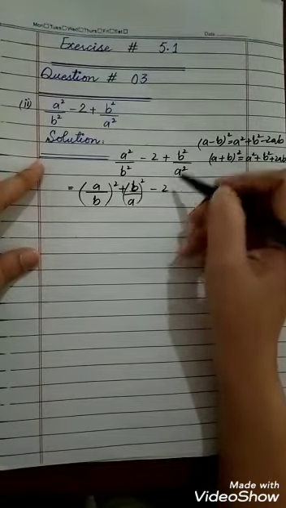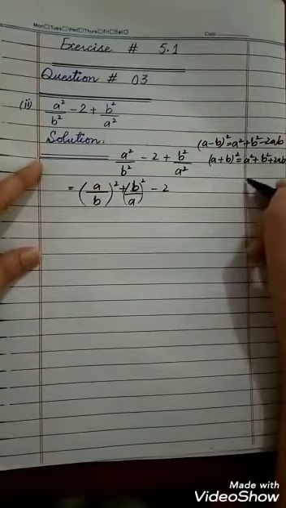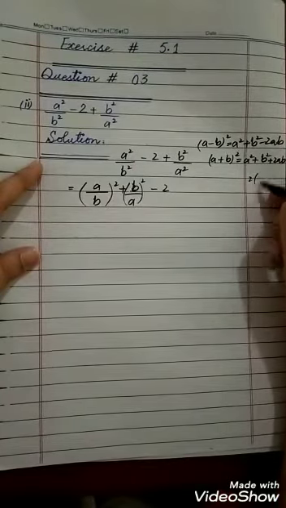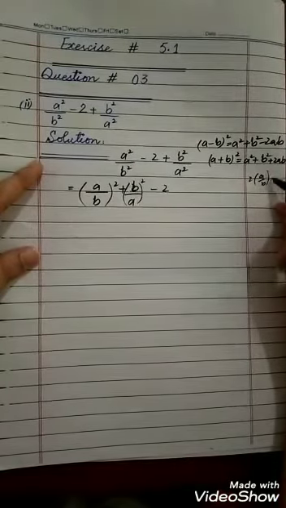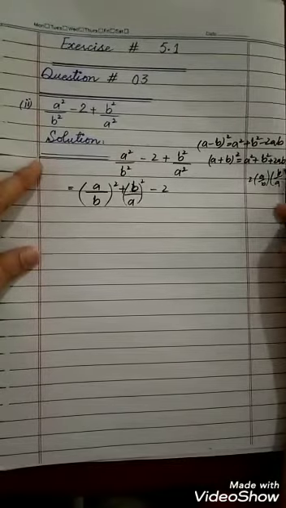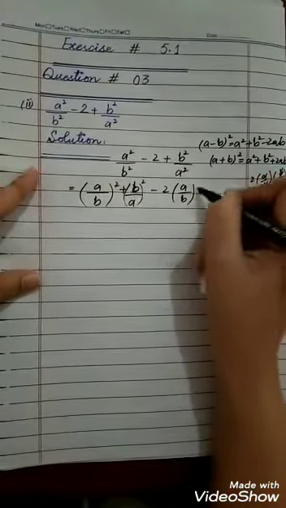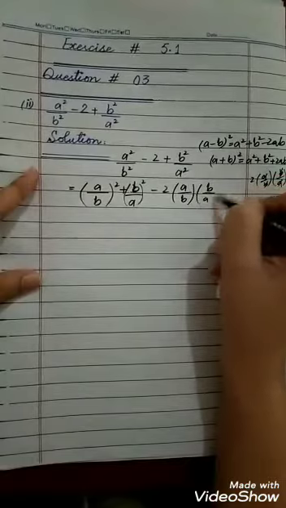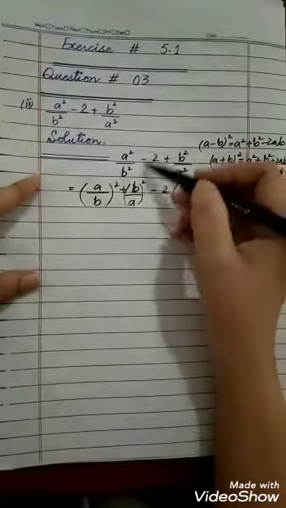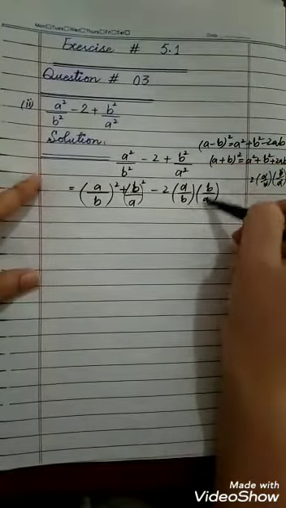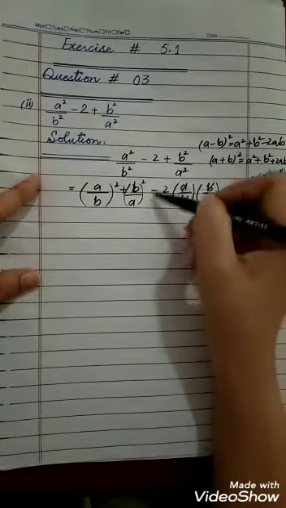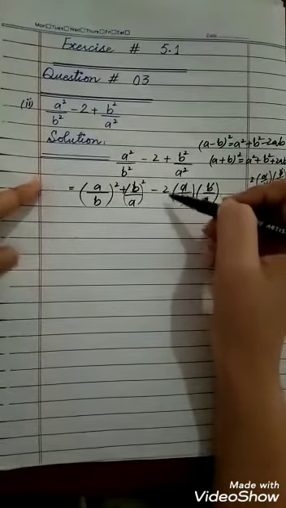So if we write 2 into a over b into b over a, this one is cut, both are cancelled, so what is left? Just 2 is left. It means if we write a over b and b over a with 2, no impact is there on this term because both will be cut, so just minus 2 is left behind.